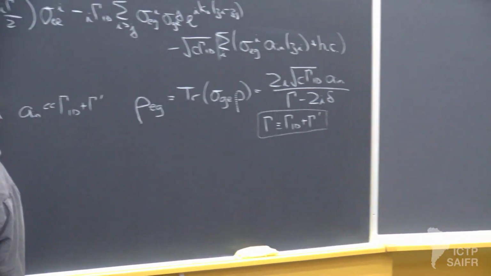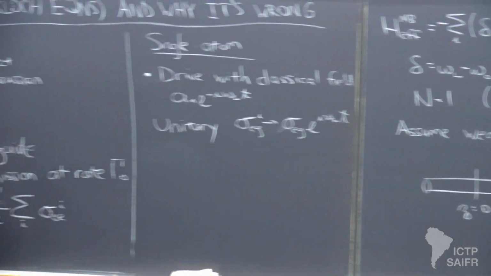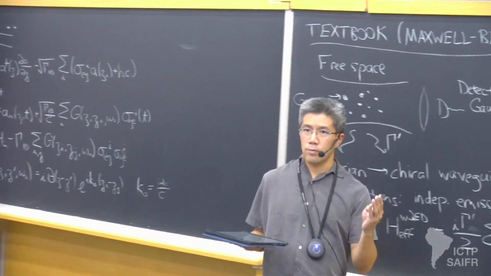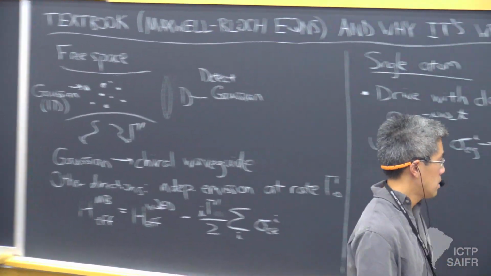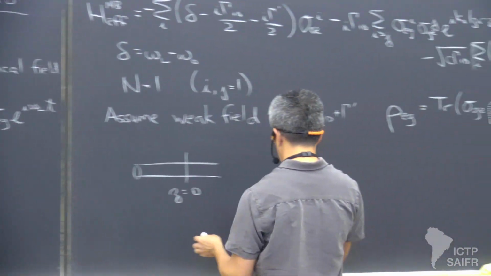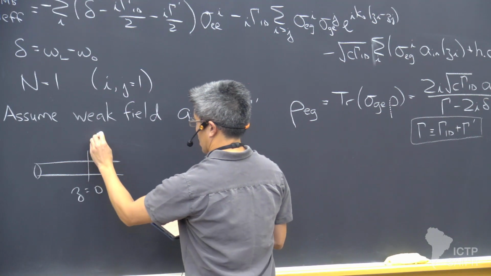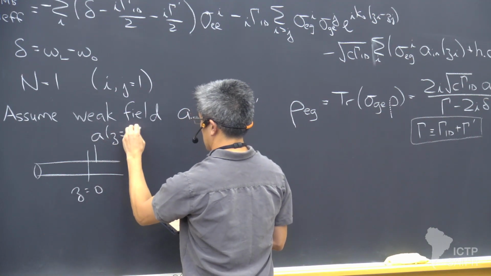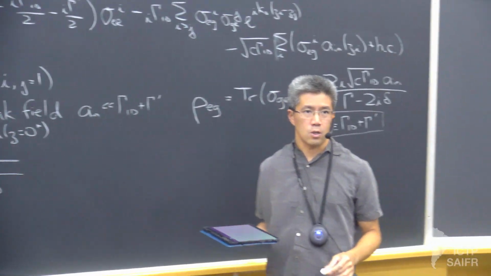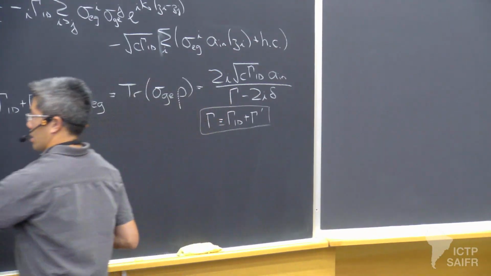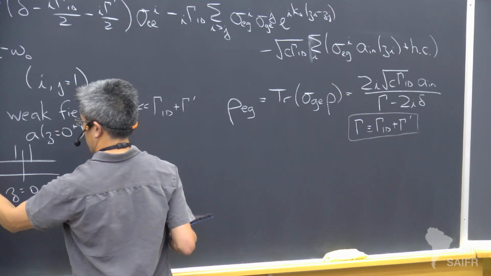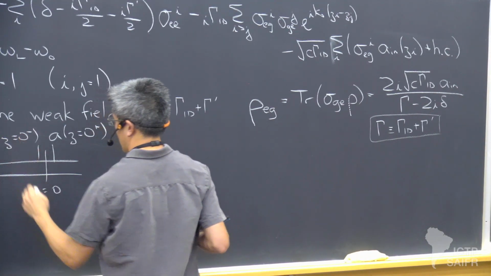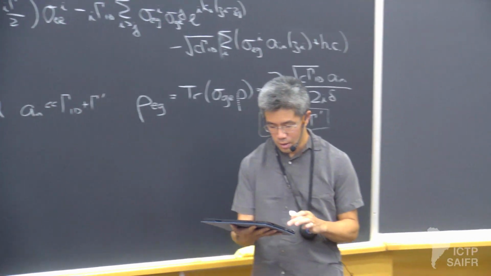Then I can use this wave equation and evaluate the field on both sides of the atom. I can calculate the field A at z equals 0 plus. Physically, that's like the transmitted field. And I can compare that to the field at z equals 0 minus, which is just the field that I send in.